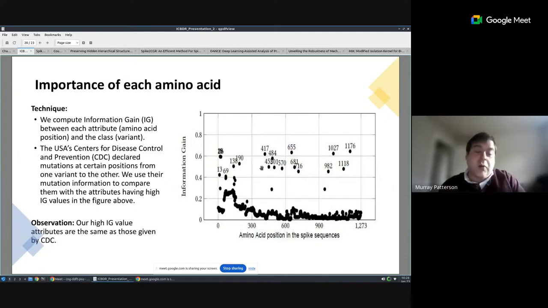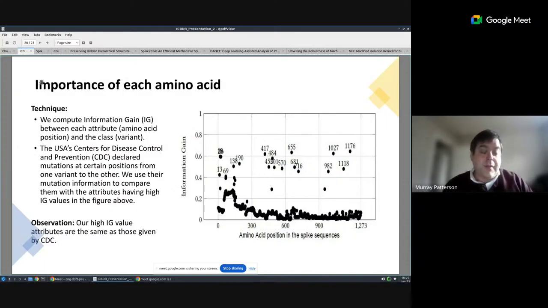Is it important in deciding whether a variant is an alpha or a gamma, for example? We looked at some of these high information positions, and they seem to correspond to the mutations that characterize, for example, the alpha variant versus the wild type strain. So that was a validation of this approach.